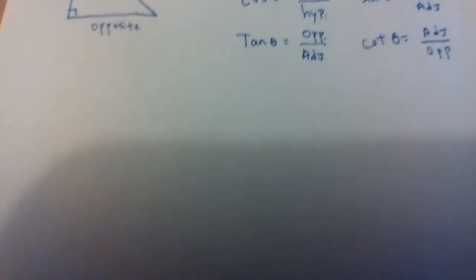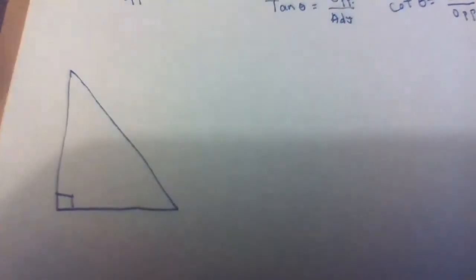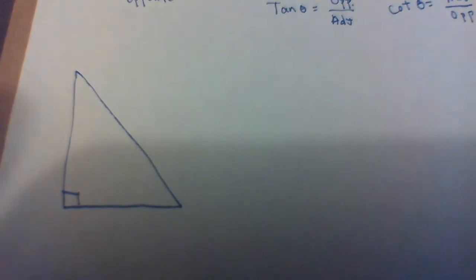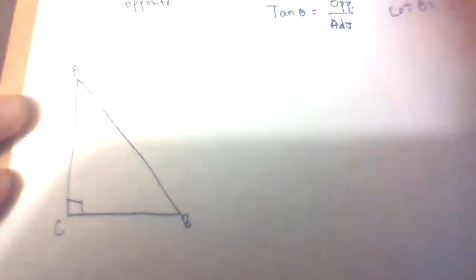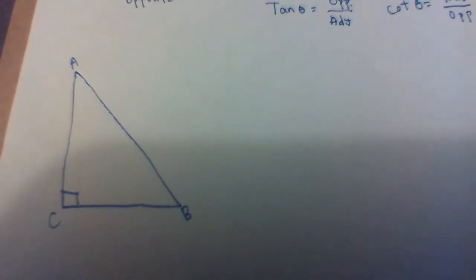Okay. Hopefully you paused the video, like I said, and wrote those down, because we're going to need them. Example 1, and this is how you'll do the first few problems. Okay, you'll be given a right triangle. We'll call it triangle ABC. Angles are capital letters.